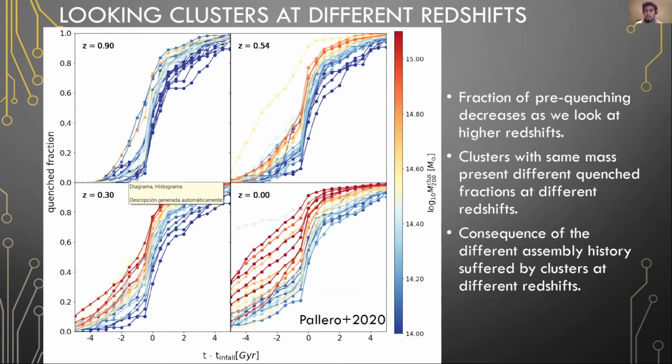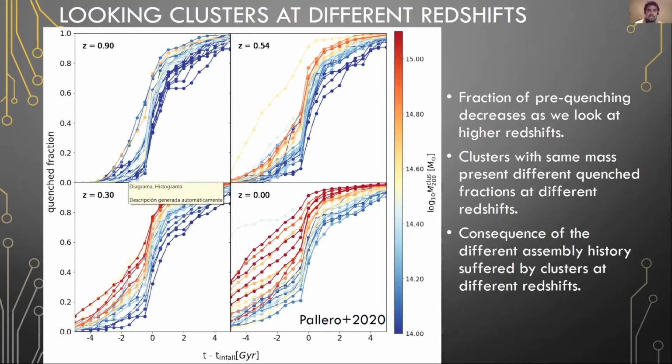But when we are looking at clusters at redshift 0, they usually already have spent time in another massive halo, like a group of galaxies or a low mass cluster. So the assembly histories that galaxy clusters have at redshift 1 and redshift 0 are different, and that produces a different fraction of preprocessing.